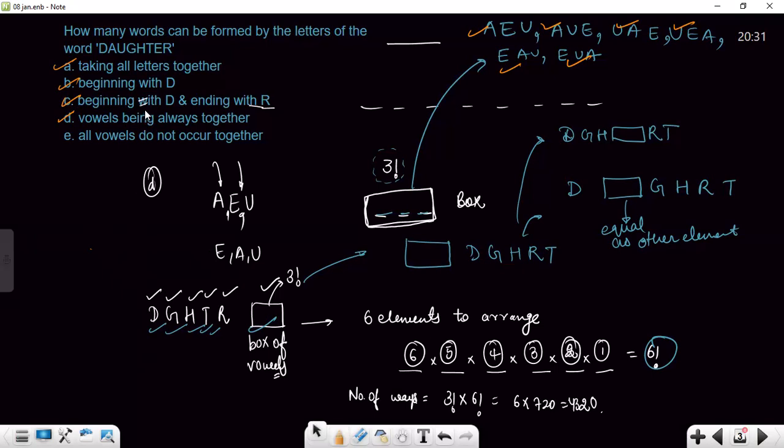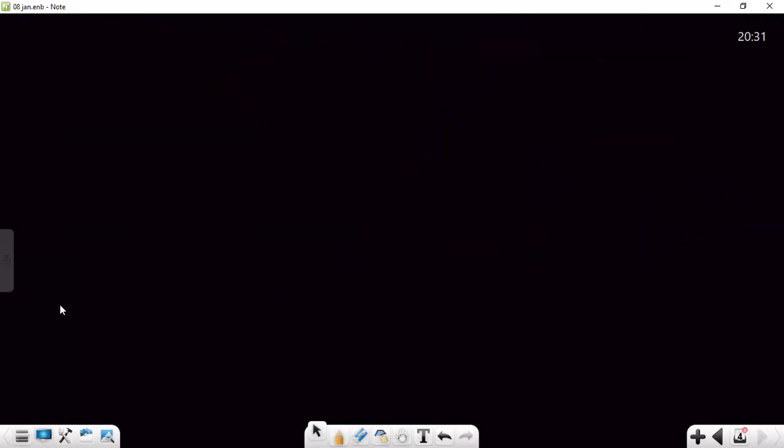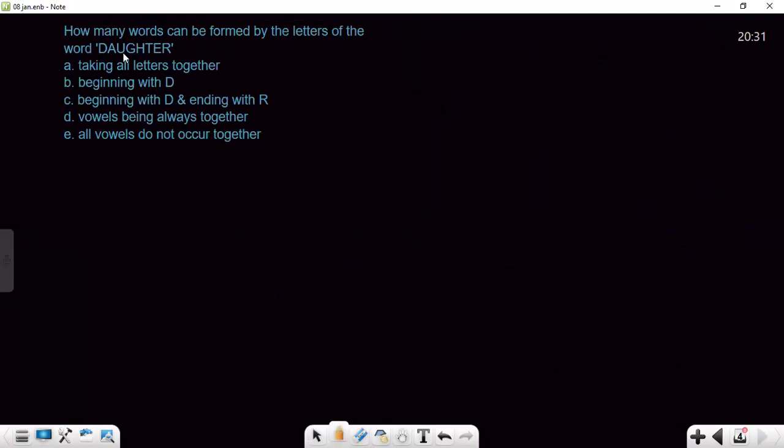In this case, please copy. Here, we have to tell how many words can be formed by the letters of the word daughter when all vowels do not occur together.